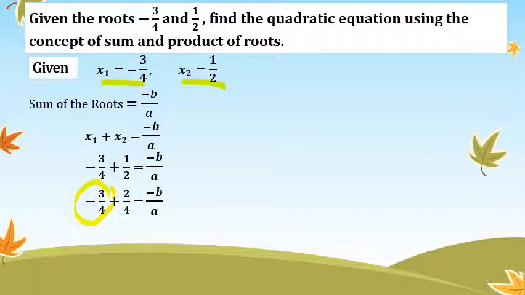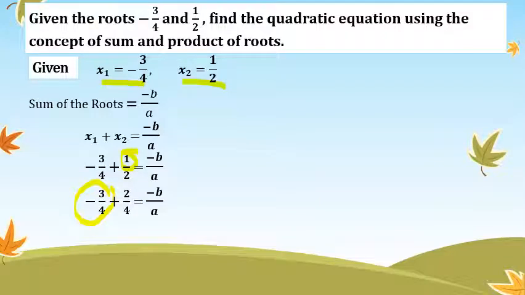So, yung 1/2, ano ang mangyayari? 4 divided by 2, we have 2 times 1, it's 2. Kaya ang bagong equation ay negative 3/4 plus 2/4 equals negative b over a.